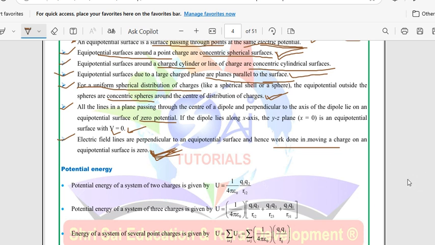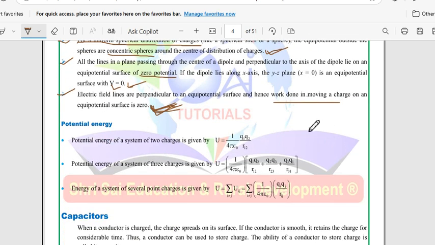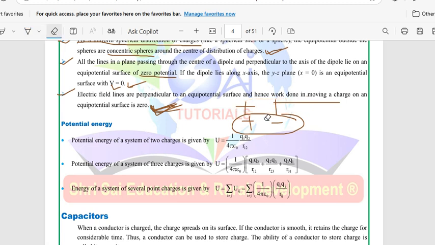One important thing that I want to tell you is that two like charges repel each other and two unlike charges attract each other. This is the property of electric charge, right? So in that condition, how will the electric potential be applied?